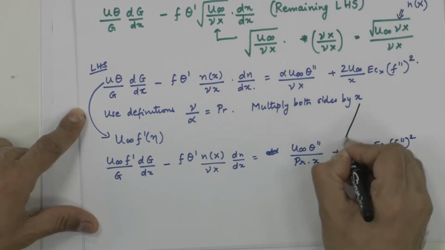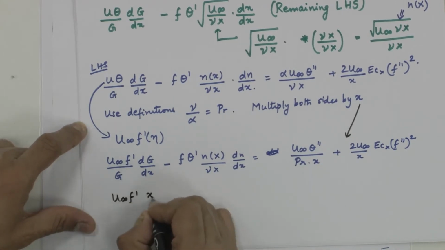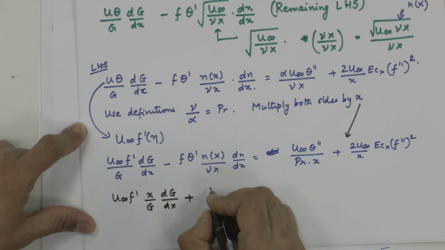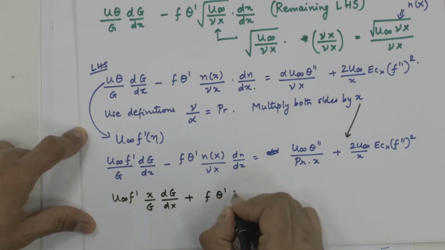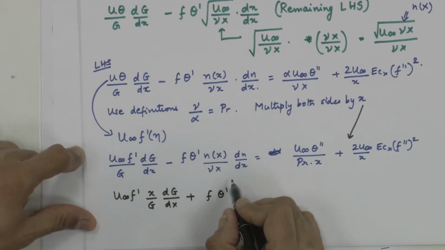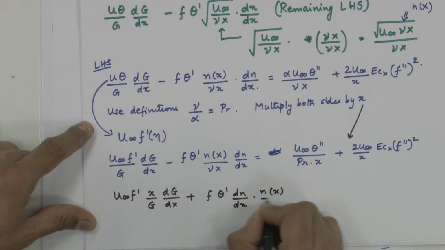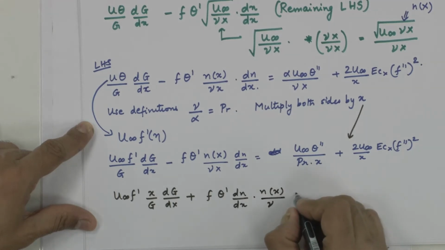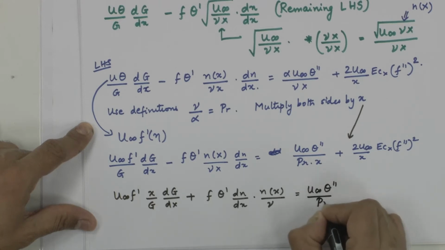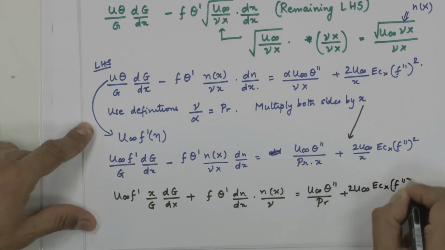So if I multiply both sides by x, I would get u infinity f prime x over g dg by dx plus f theta prime dn by dx into n of x over nu is equal to u infinity theta double prime by Prandtl plus 2u infinity Eckert f double prime squared.